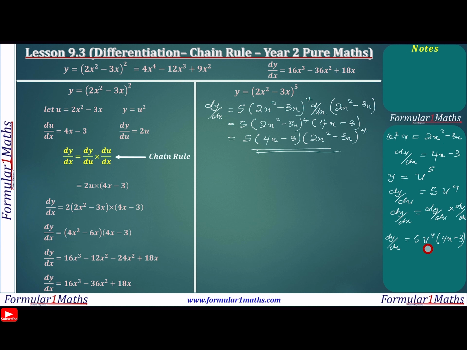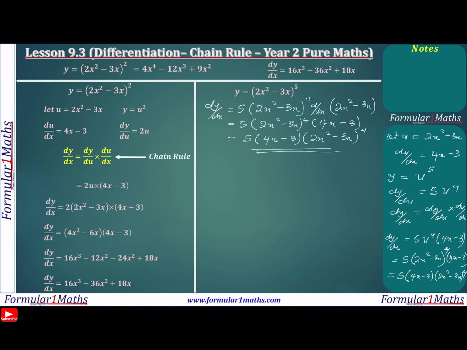Then I know the value of u, so I'll substitute that to get 5 brackets 2x squared minus 3x times 4x minus 3. Then write it nicely. I'm going to get 4x minus 3 times 2x squared minus 3x to the power 4. There should be a 5 here. And so we get the same answer as the short way of doing it mentally.